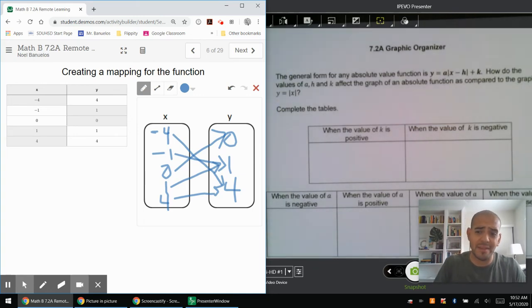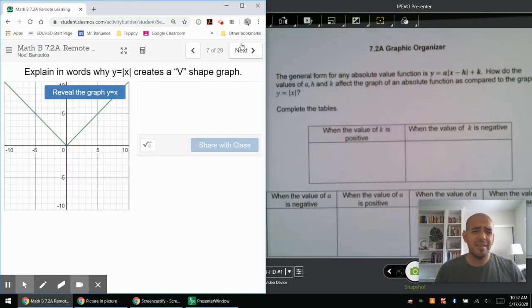Look at the arrows. I always tell you to focus on the arrows. If there are one or more arrows leaving the input, then it's not a function. That's a quick way to look at it. But if you notice, I only have one arrow leaving each input. So by definition, this is a function. Moving on.